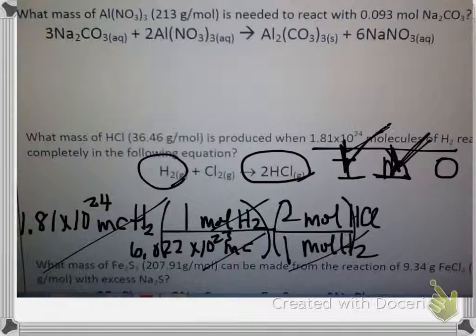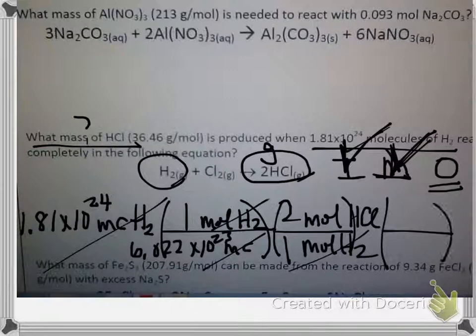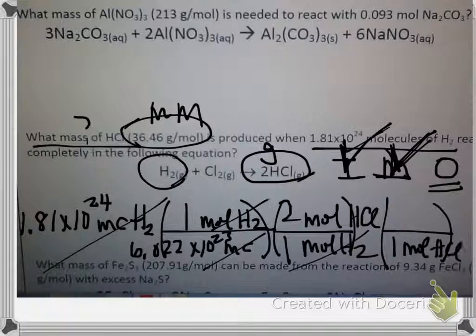So I went into the mole, I did a mole to mole. Now, do I need to convert moles of HCl to some other unit? Remember that I was asked to calculate the grams or the mass of HCl. So I need to convert moles of HCl to mass of HCl. I do that using molar mass, which is given in the problem. For every 1 mole of HCl, so I've got a mole of the HCl on bottom and top, so that's why I did that.